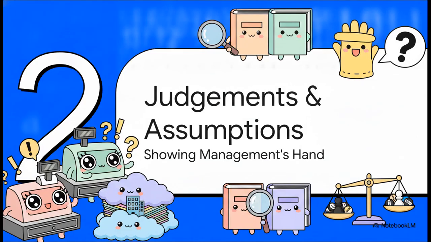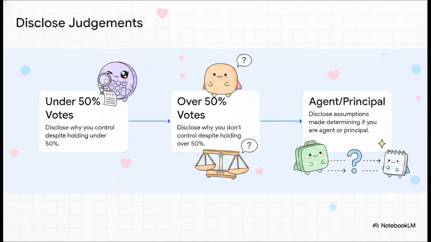Moving into Section 2, Judgments and Assumptions, which is really all about forcing management to show their hand. And this is crucial, because let's face it, accounting is rarely just black and white math. What's genuinely fascinating here is how the standard flat-out acknowledges the heavy subjectivity in corporate accounting.